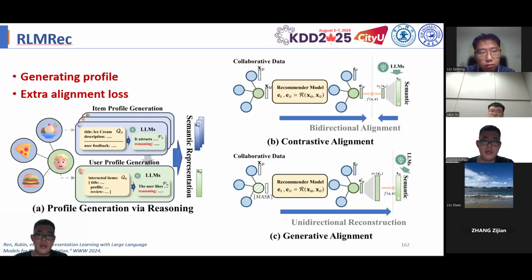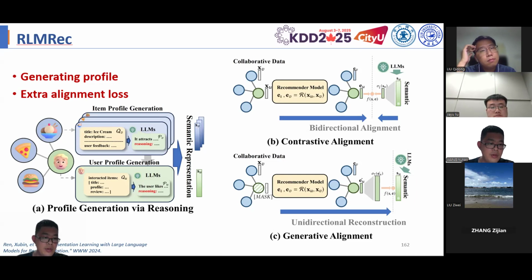And finally, as for the user and item line of the guidance research, these studies guide both the user and item representation learning. For example, RLMRec kicks off this line, which adds an extra loss to align the collaborative user and item embeddings with the corresponding LLM embeddings during the training.